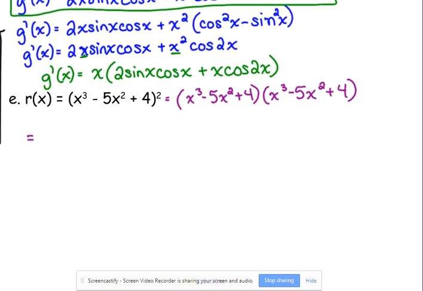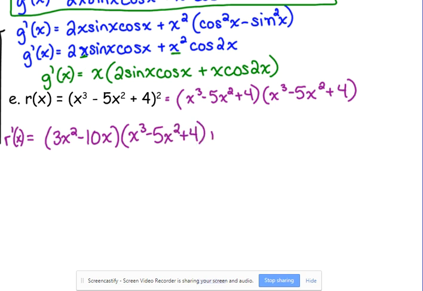Thank you. So r prime of x is equal to the derivative of the first, 3x squared minus 10x, times the second, plus the first times the derivative of the second. Well, looky here, these are the same.